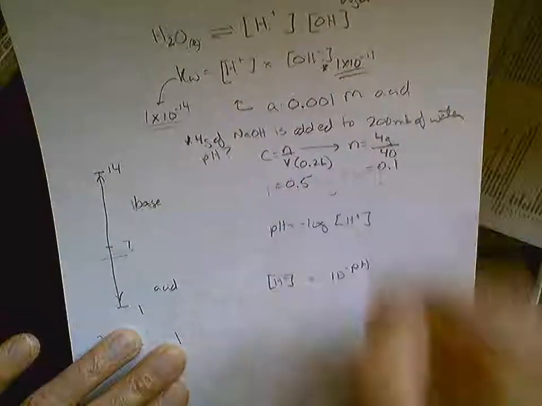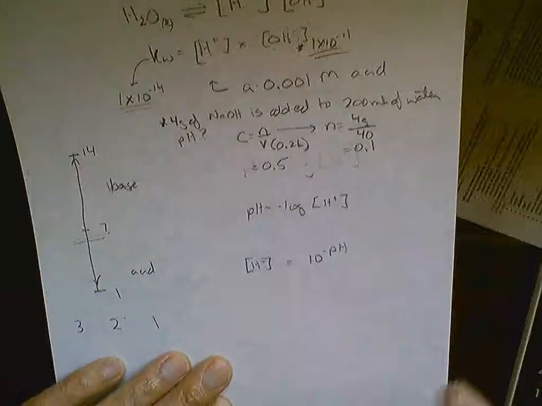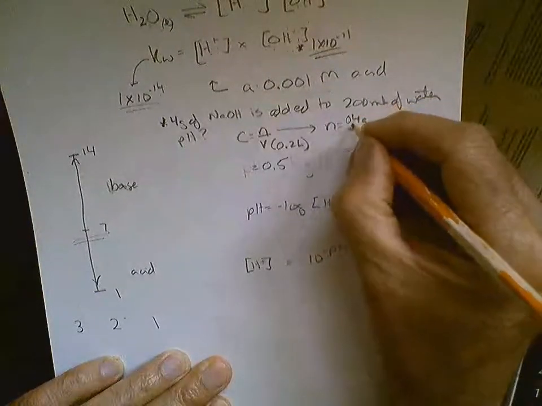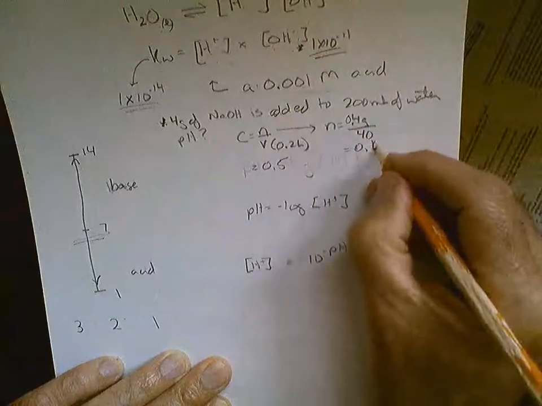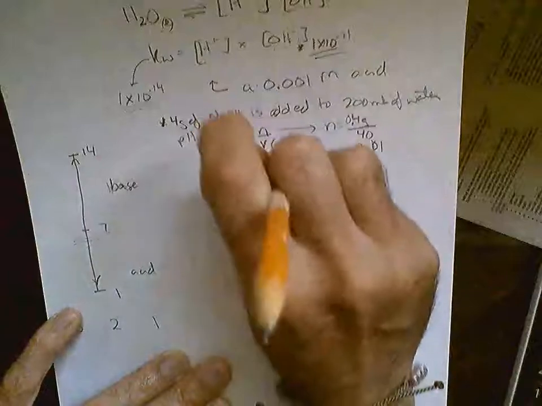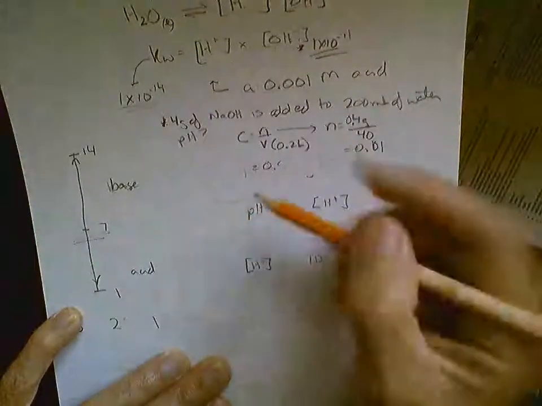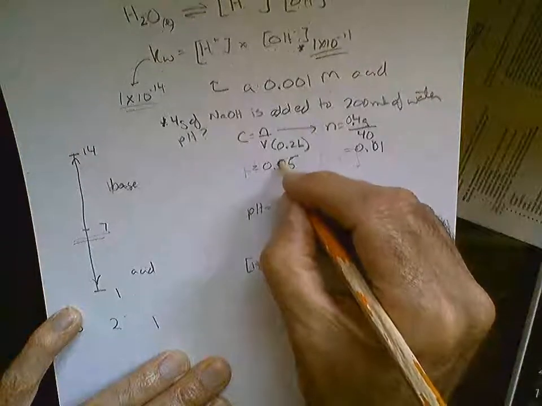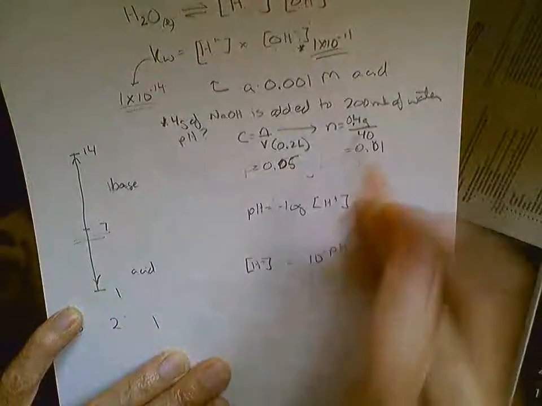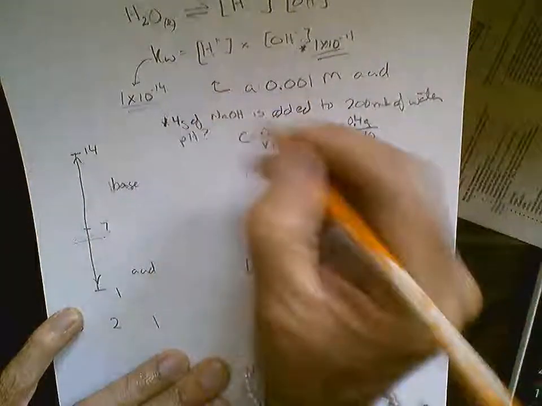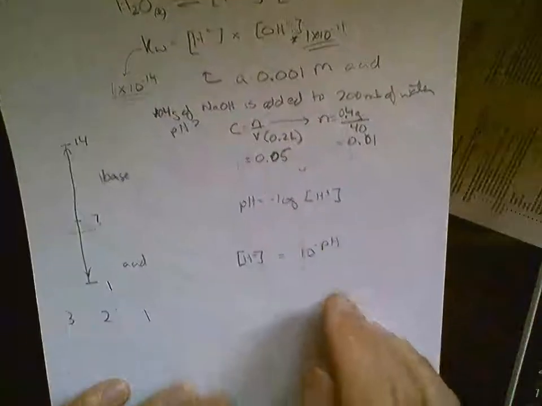That's our concentration. Folks, I'm going to do something here. I'm going to change this and I'm going to call it 0.4 grams and make that 0.01, and this 0.05. There's a reason I'm doing that mathematically, but all I did was I changed my initial amount of NaOH to 0.4 grams.